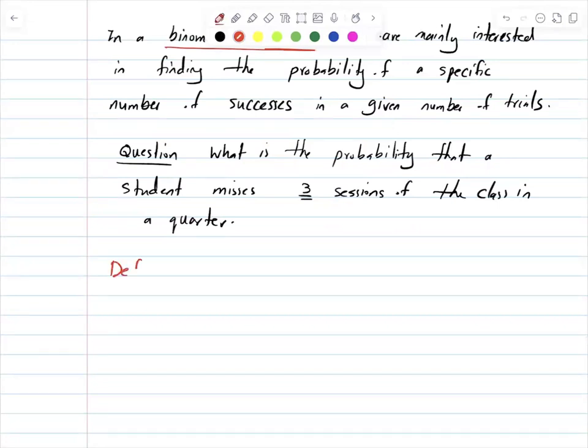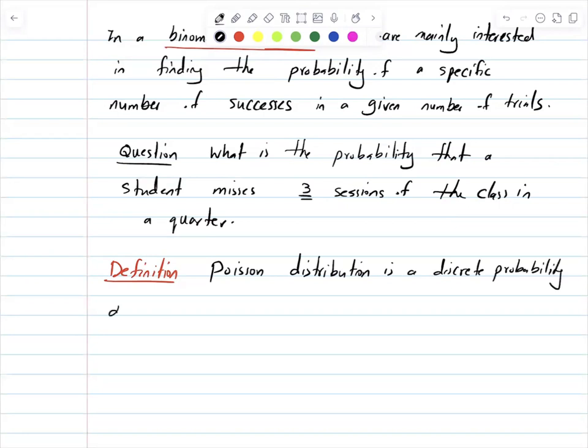So let us go over the basic definition. Poisson distribution is a discrete probability distribution for a discrete random variable x. It satisfies the following conditions.